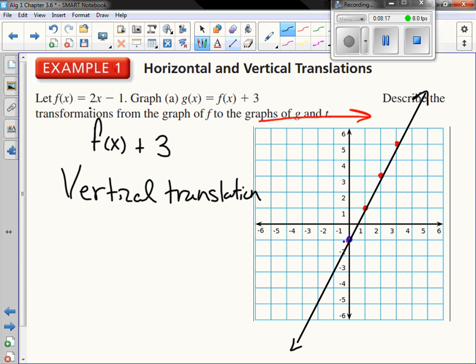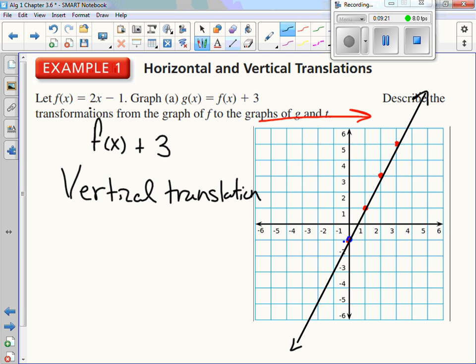How far? What would the value of k be for this here?